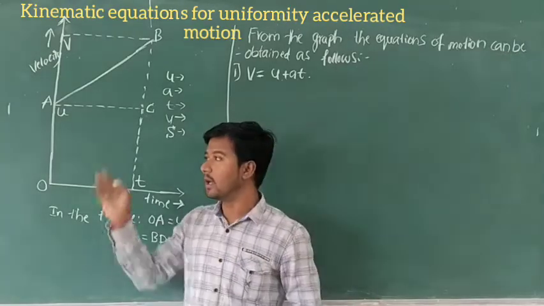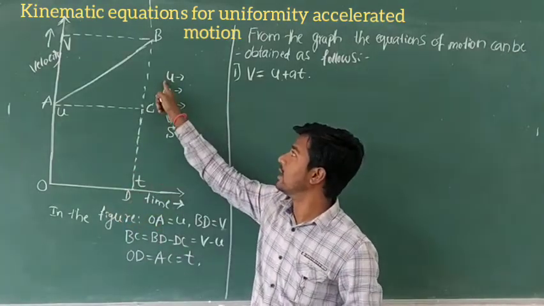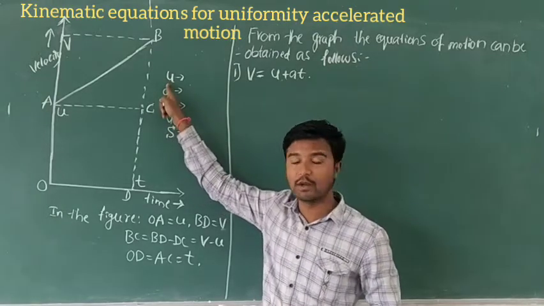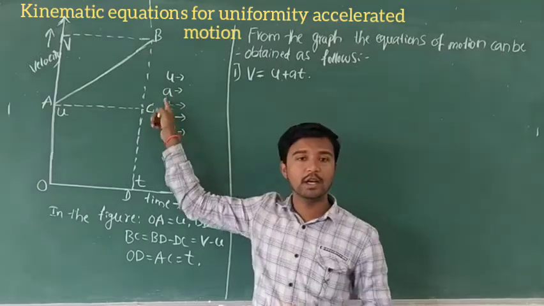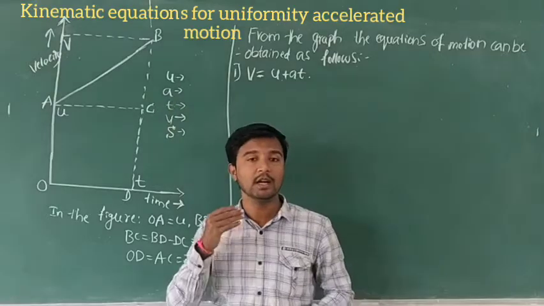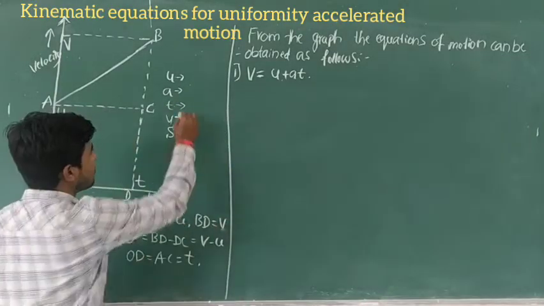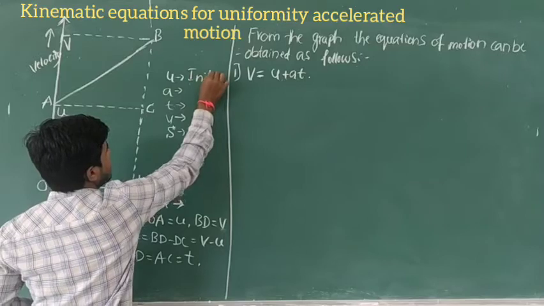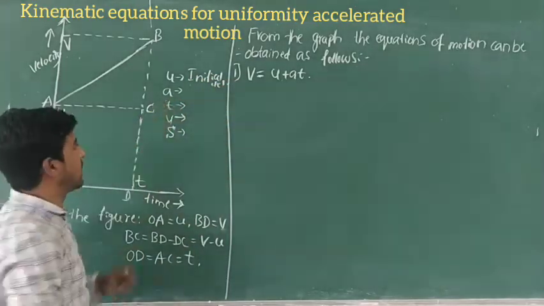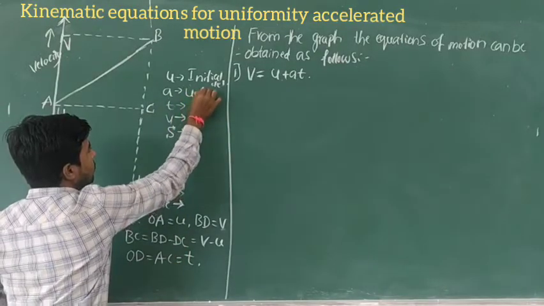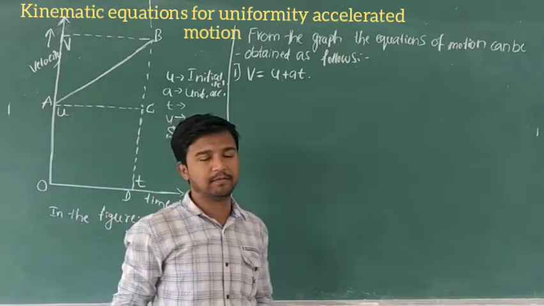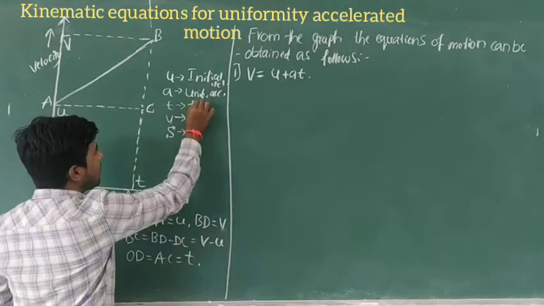Here consider a body starting with the initial velocity u, moving with a uniform acceleration a, for the time interval t. Here u is the initial velocity, a is the uniform acceleration, and t is the time.